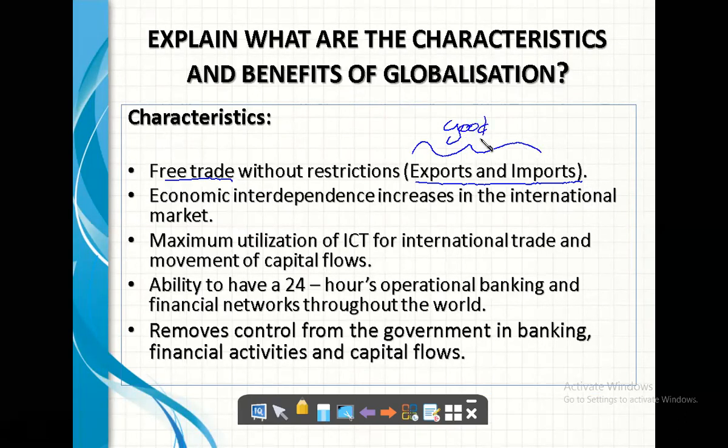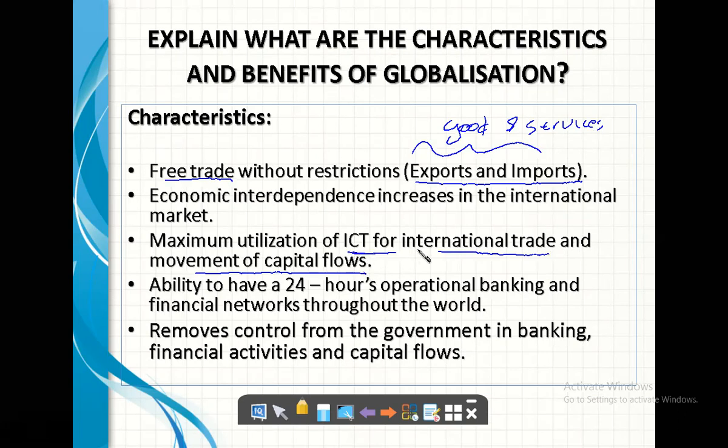Economic interdependence increases in the international market. The third characteristic is maximum utilization of ICT for international trade and movement of capital flows. So let's talk about this one. How is ICT used in international trade and movement of capital flows?